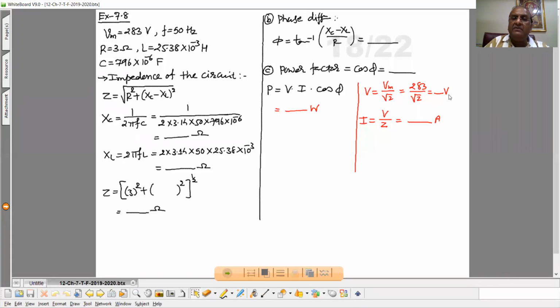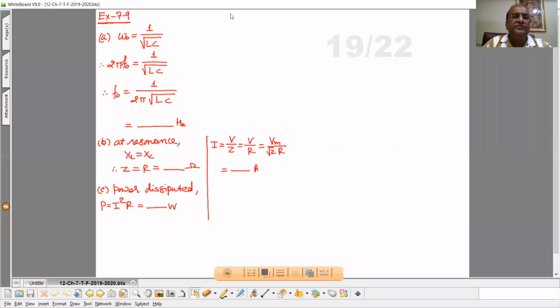Once we have RMS voltage, then RMS current, that is RMS voltage by Z. RMS voltage is calculated here and Z is calculated here. Substitute the values, you will get RMS current. Now substitute here RMS voltage, RMS current, and the value of cos phi, you will get power. Clear to all of you?